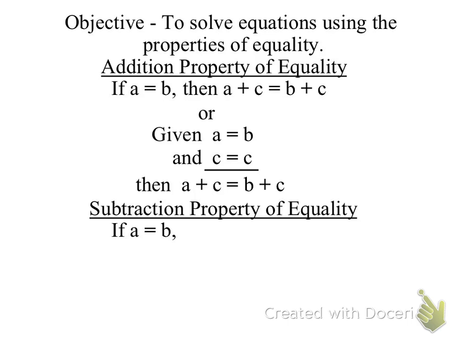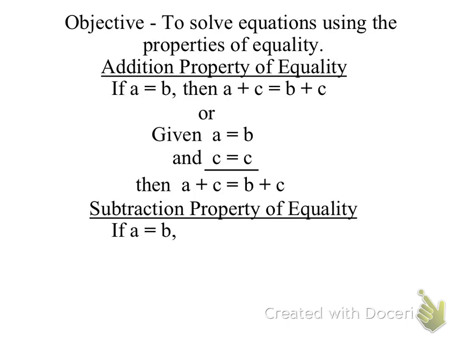And let's say I have 5 Jolly Ranchers in this group equal to 5 Jolly Ranchers in this group. If I take 2 away from each group, will the groups be equal? Yeah, I still have an equal amount. What do you think we call that property when I take 2 away from each side?